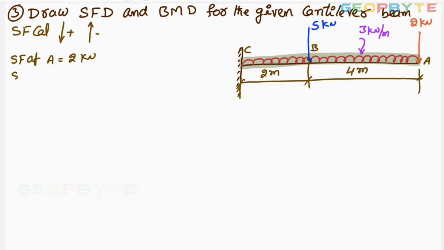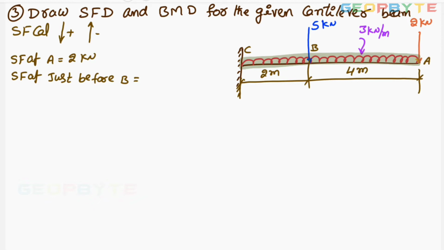Now, SF at B. At B, one UDL effect is there, and one point load effect is there. For that case, I need to find the SF at just before B. For finding the shear force just before B, you need to consider only the effect of UDL.